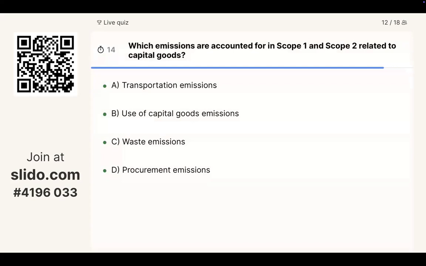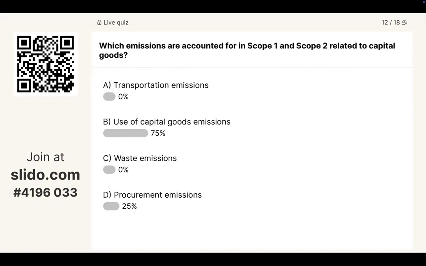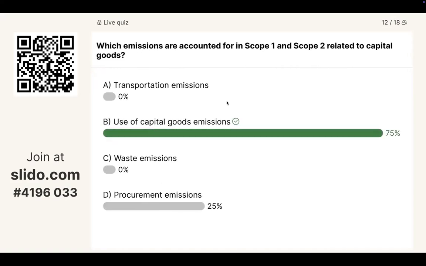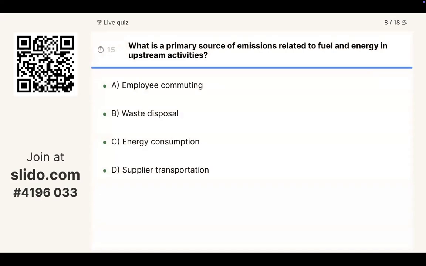Okay, the correct answer is use of capital goods emissions.